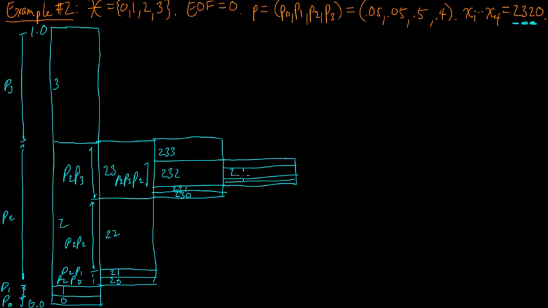So this is 2,3,2,0, 2,3,2,1, 2,3,2,2, 2,3,2,3. The lowermost one is 2,3,2,0, and the second one was 2,3,2,1. And our last symbol to encode is a 0. So we will choose the 2,3,2,0 chunk.